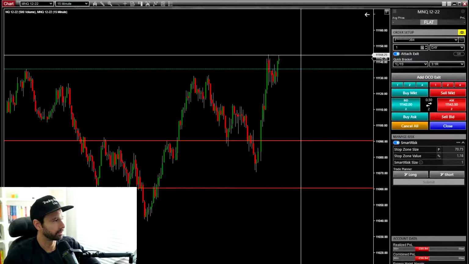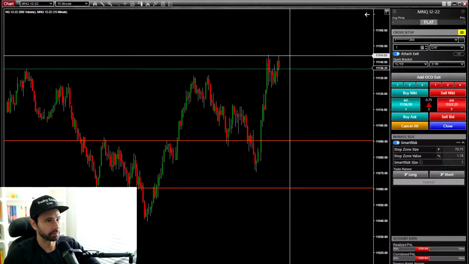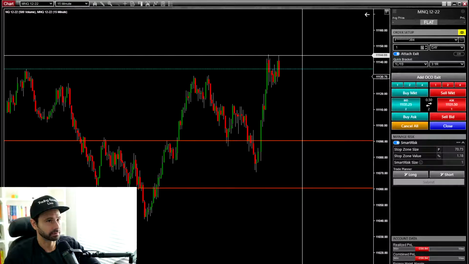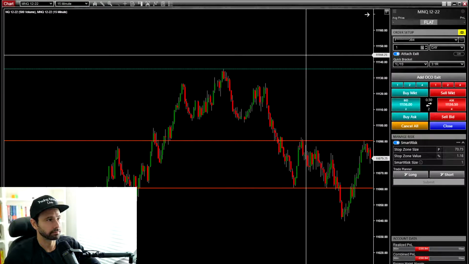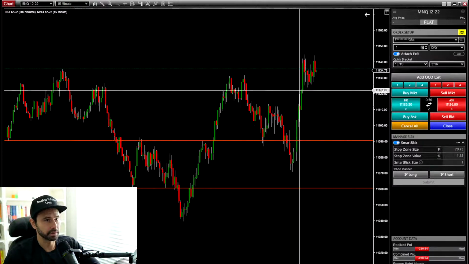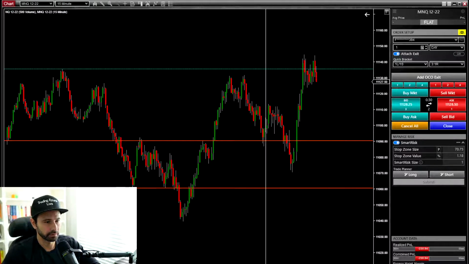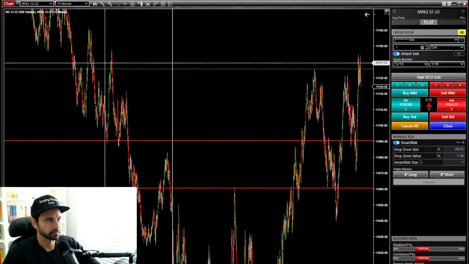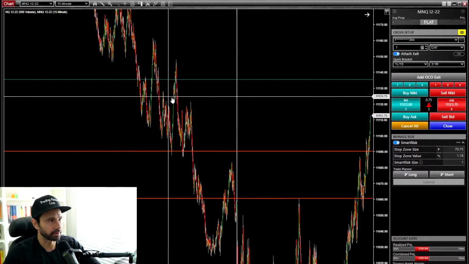Let's see if the tick chart gives us some sort of divergence. So we don't have anything here, but let's go see to the left. Time is what, 3 in the afternoon?